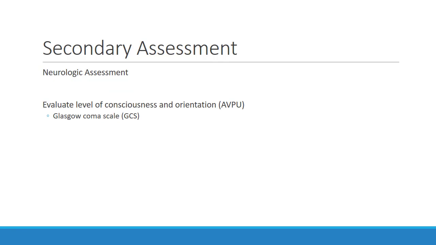Moving on with our neurologic assessment, we can evaluate their level of consciousness and orientation. With this, we can use the mnemonic AVPU, and it stands for alert, verbal, painful, and unresponsive. So 4 different levels, going from alert, the most oriented, to unresponsive, the least oriented. Are they alert to where they're at, who they are, and that sort of thing? Are they alert to verbal only?